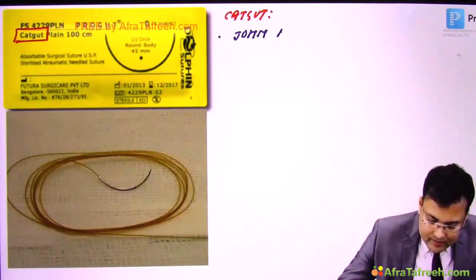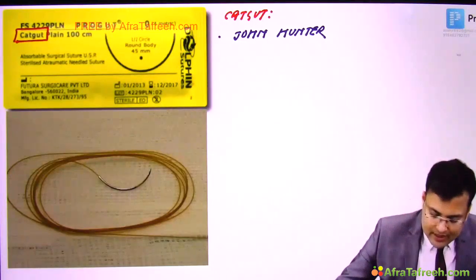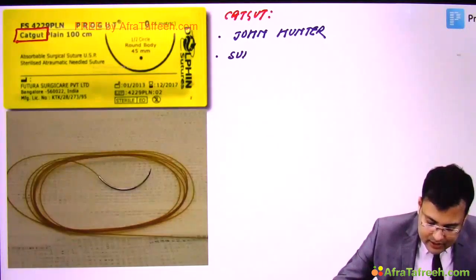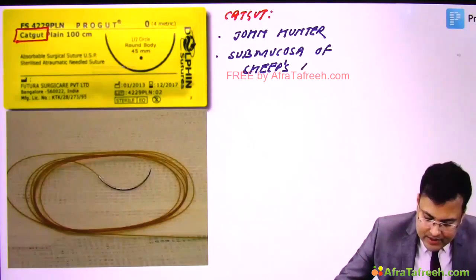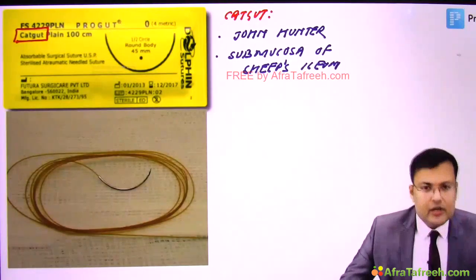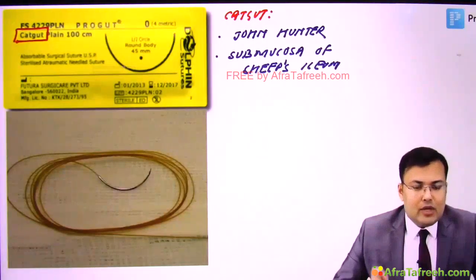John Hunter. Clear? So it is prepared from the submucosa of sheep's ileum. You know that this is an absorbable suture. What kind? Natural absorbable suture.